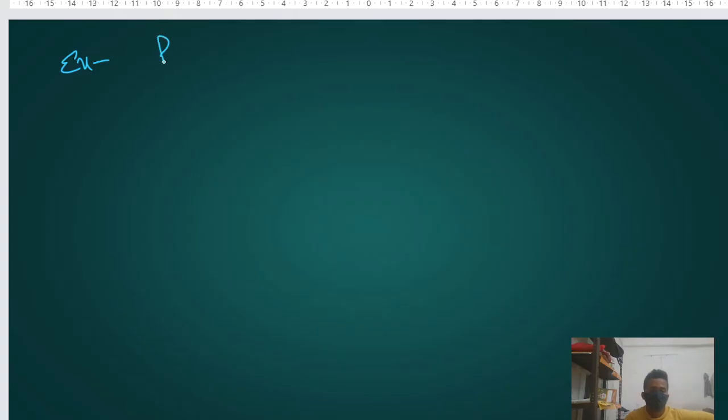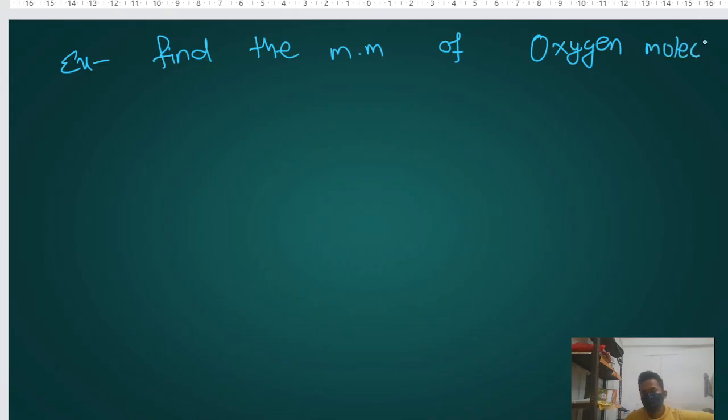Example: find the molecular mass of an oxygen molecule. If it is given that it is an oxygen molecule, first we have to find its mass, that is 16 into 2, that is 32.